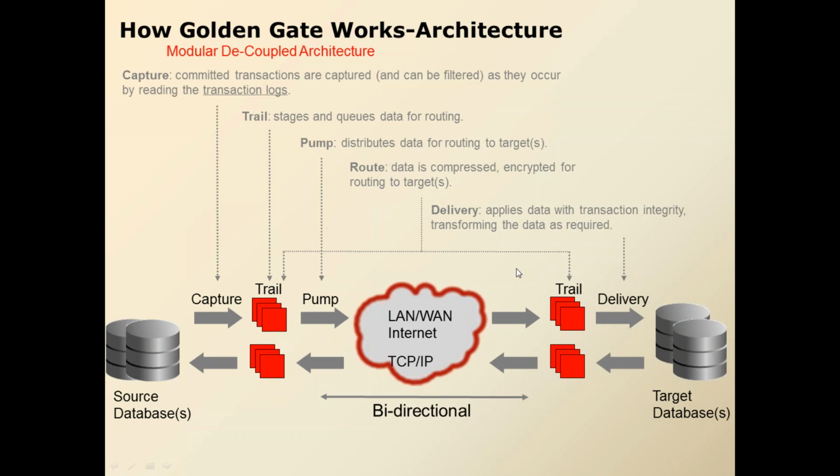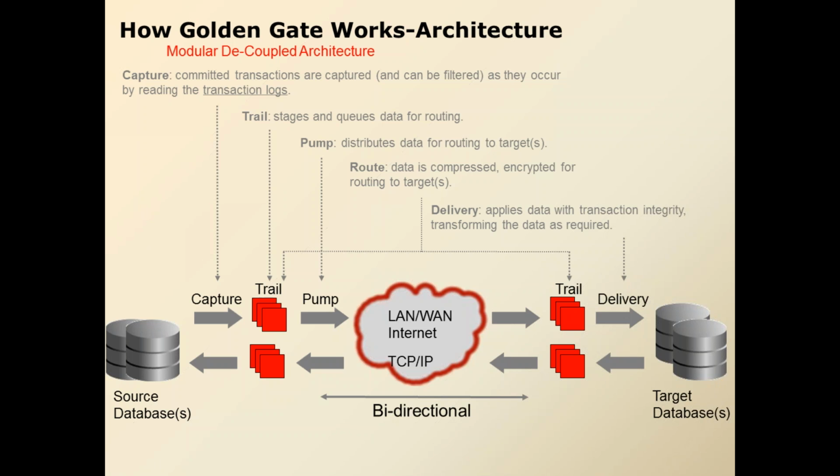These are all Goldengate resources. Capture, pump, delivery and trail files are Goldengate resources. On top of that, to manage these resources, you have one manager process sitting at the top. The manager process, as the name suggests, manages the Goldengate resources in its environment.